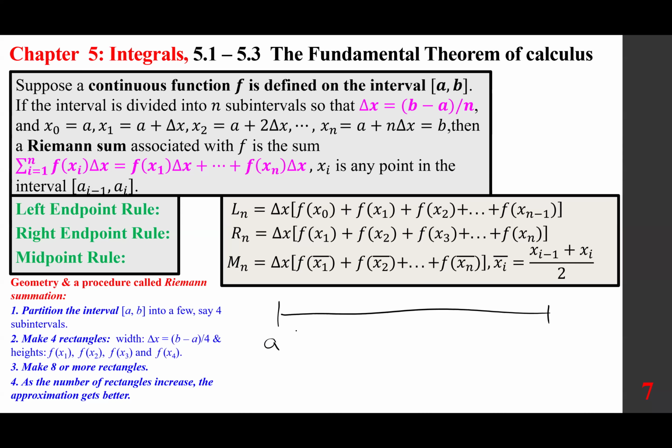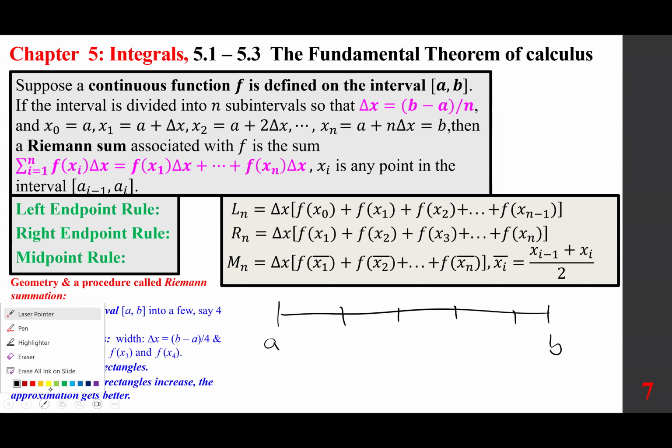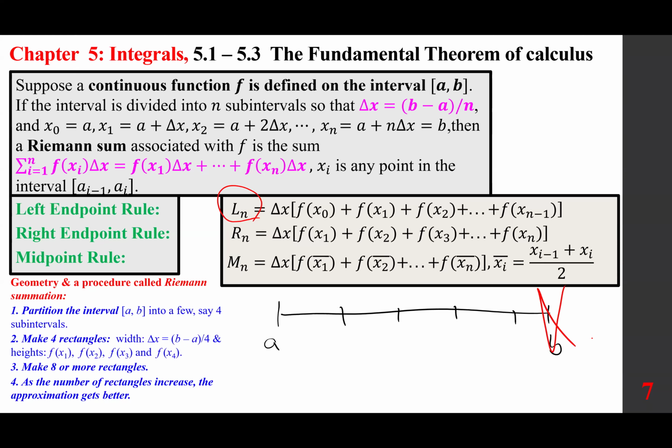When I do that, I would put a here, b here. Then I would cut it into, I don't know, so many pieces as I'm asked. Let's start with the left endpoints. With the left endpoints, I'm not going to use b, and I'm going to use the rest of them.